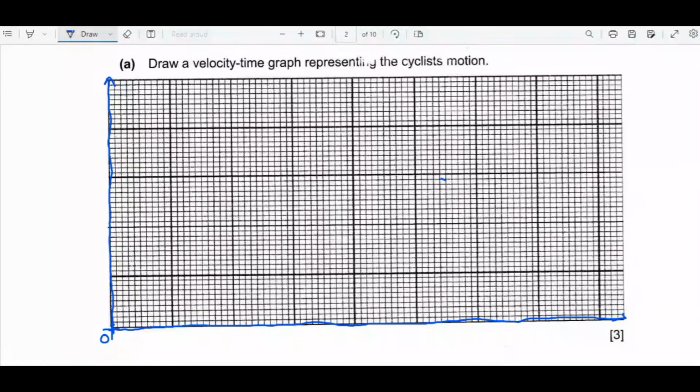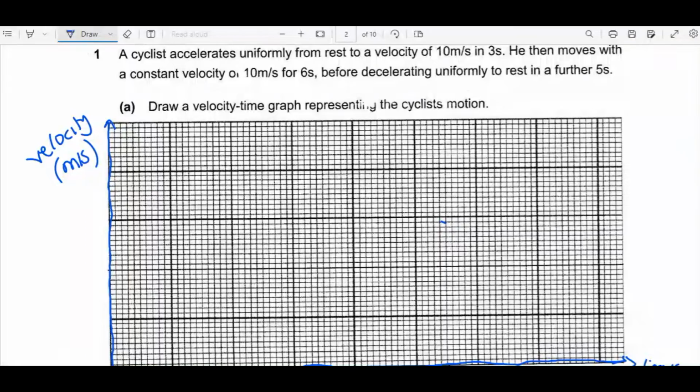Now first we need to understand what is meant by the given data that we have here. We have velocities in meters per second, then we have time in seconds. So let's go back to our point. A cyclist accelerates uniformly from rest to a velocity.